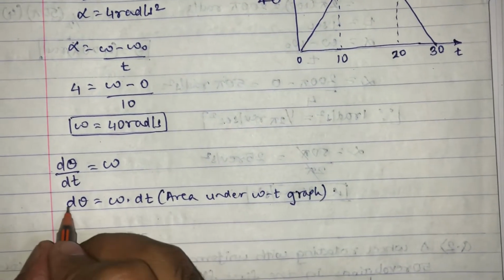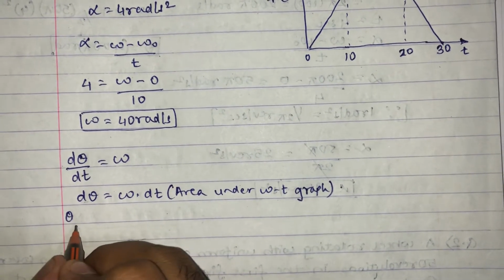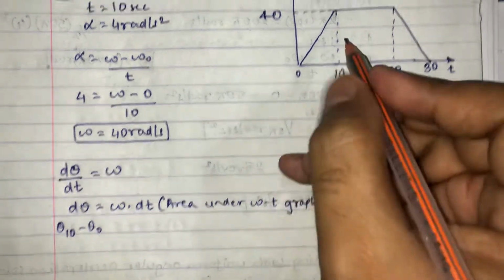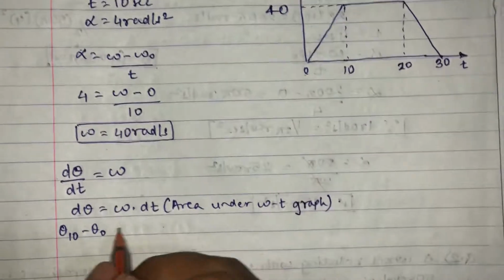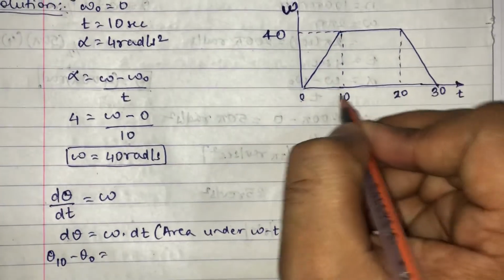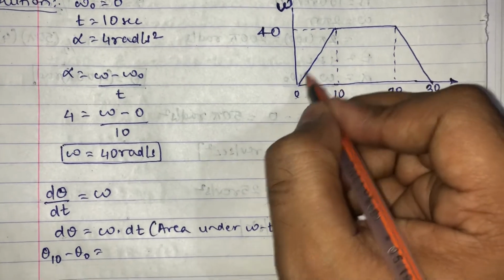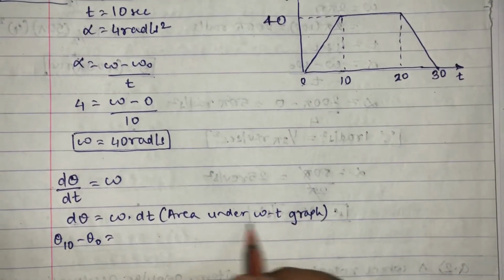As it is d theta, it basically means the change. So the change is theta 10 minus theta naught, the change between these two. If we take this region, a triangle is created, as we are talking about the area.